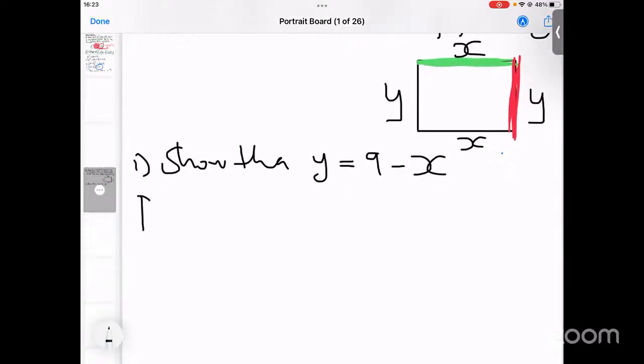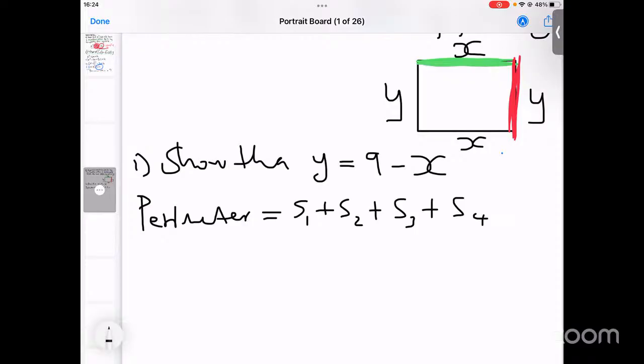It is the perimeter calculation. When it comes to calculating the perimeter of a rectangle, we take side 1, we add it to side 2, we add it to side 3, we add it to side 4.